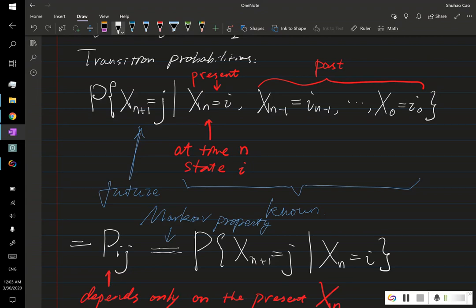So last time we learned a very basic model of a Markov chain, and now we're going to continue to learn the property of transition probabilities.